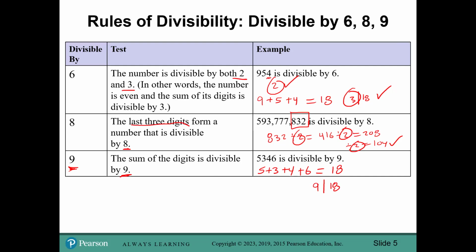We just have to be careful because 123, if I check for 3, that's 1 plus 2 plus 3. That's 6, and 3 divides 6, so this is divisible by 3, but 9 doesn't divide 6, and we would write that like 9 with the divides sign with a slash through it. So 123 is divisible by 3, but not by 9.